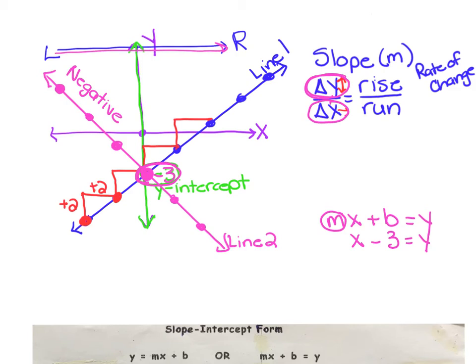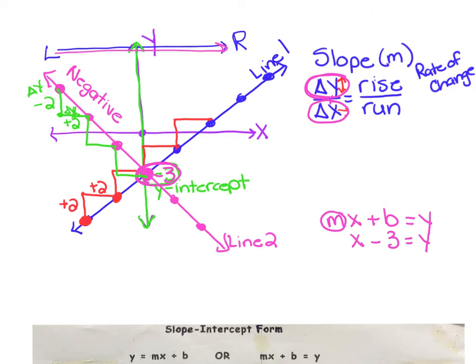So that up and down movement must occur first. As we go down 2 units, that's a -2. But movement to the right, that's a +2. Down 2 to the right 2. This negative 2 moving downward is your delta y, and this positive 2 is your delta x.